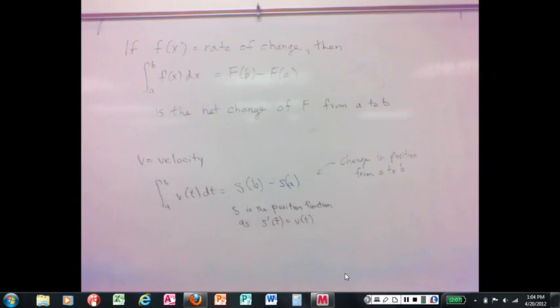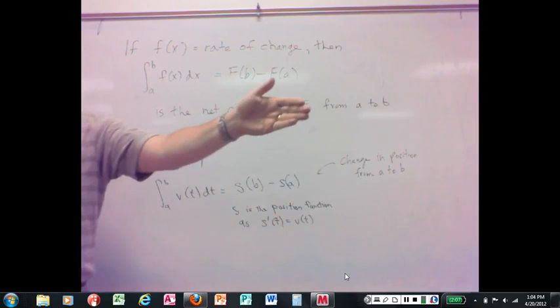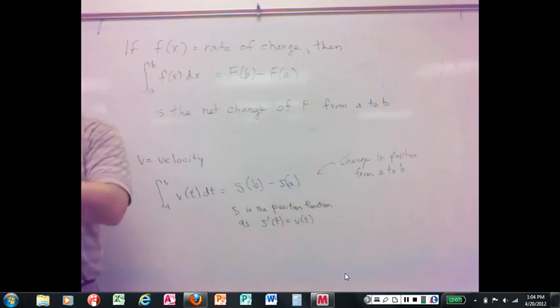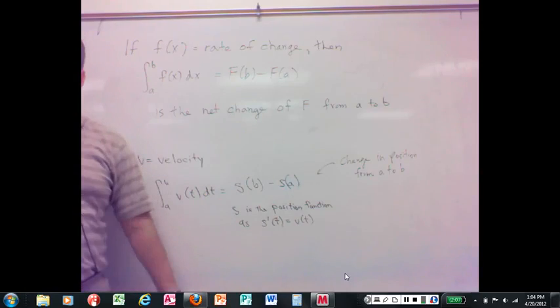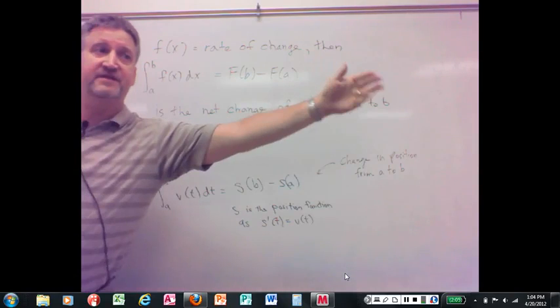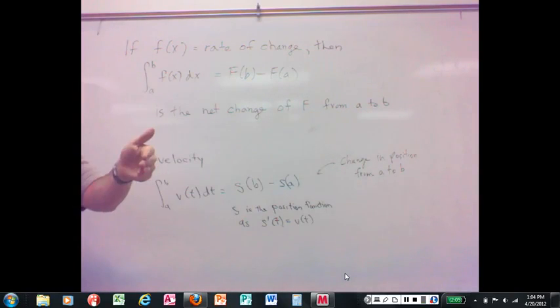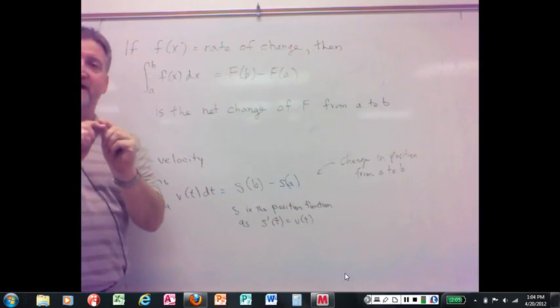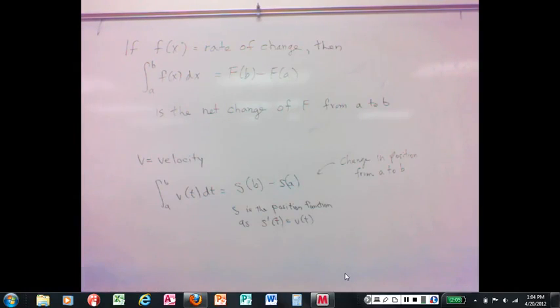This is going to give me, from here to here, the change from a to b. Well, what if the car started at a and then went to c out here and came back to b? You see what I'm saying? So it's not necessarily how far the car has traveled, it's how far net the car has traveled.